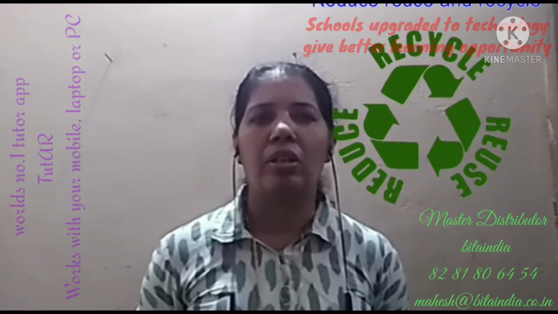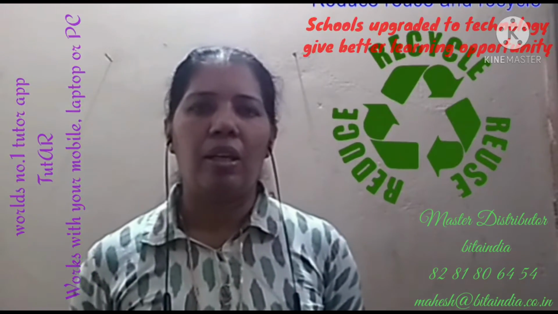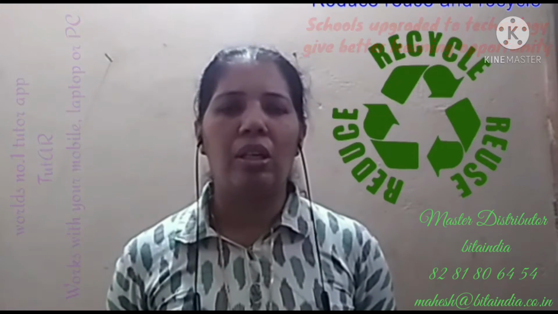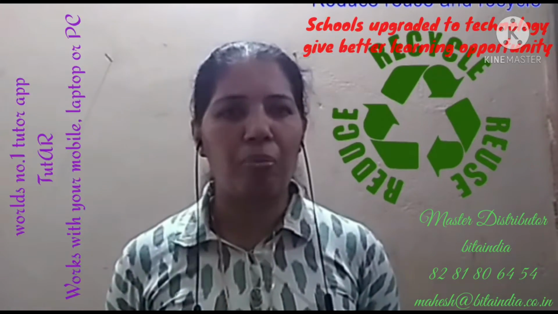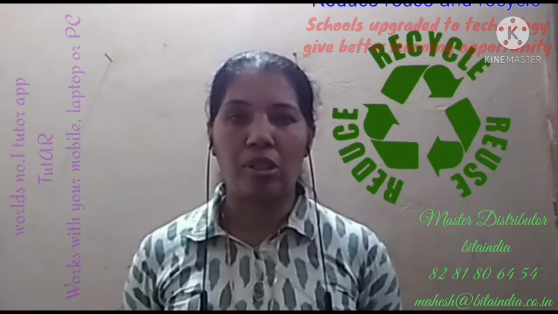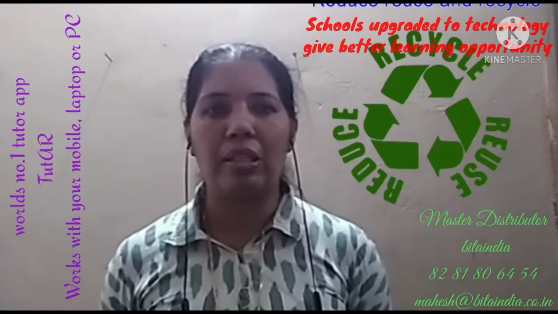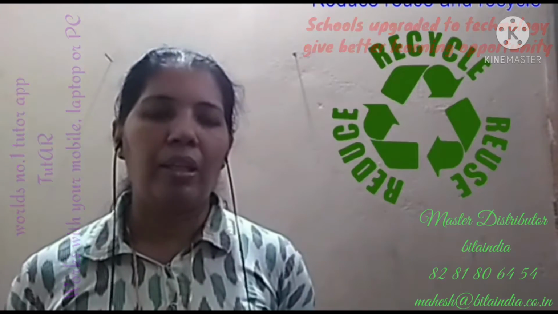There are also many other reuses of plastic. We can reduce the wastage or garbage of plastic by converting into pencil stands. We can make flower pots and various materials which can be used again.